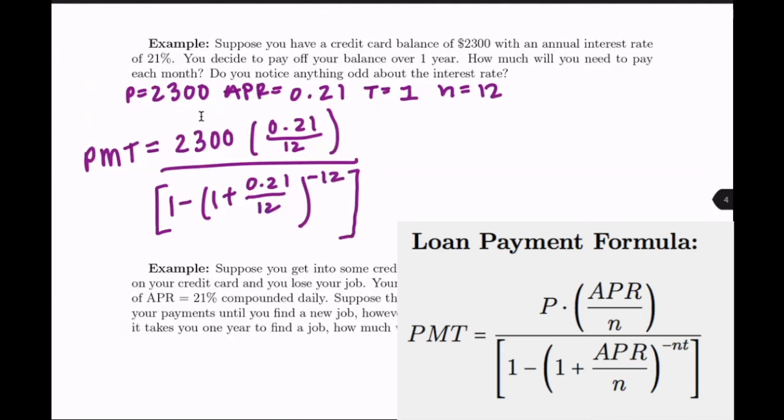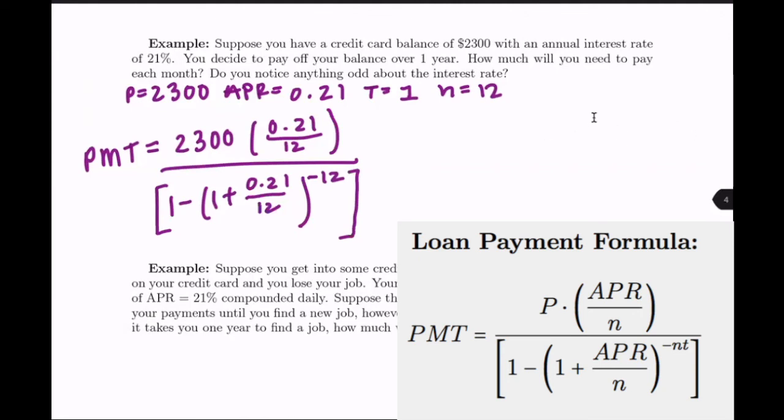And again, you can simplify this as much as you want to, or you can just try to go ahead and plug this straight into your calculator. I generally like to do the little fractions first if you're going to simplify them. So simplify 0.21 over 12.